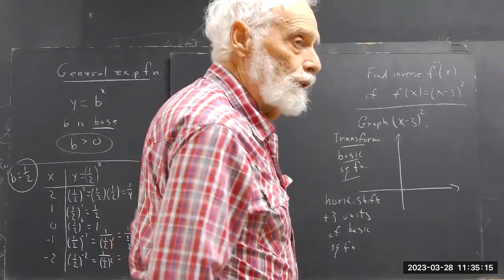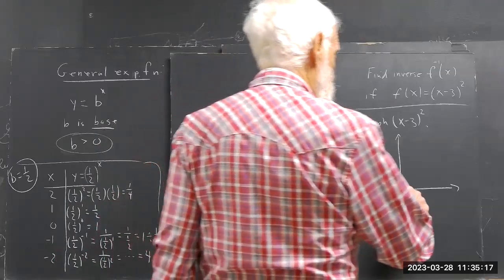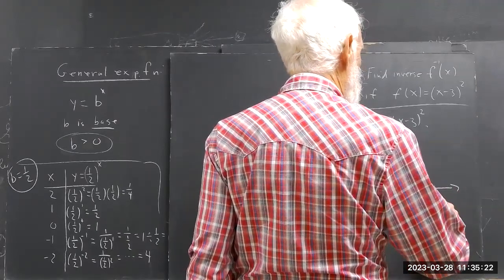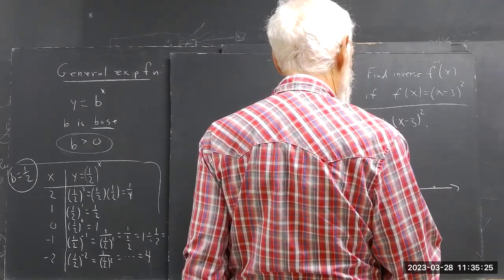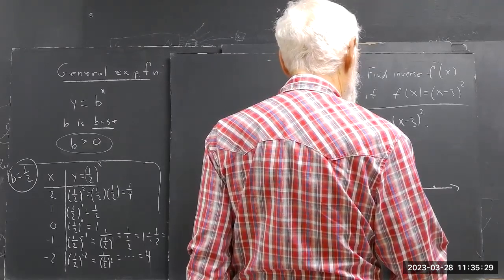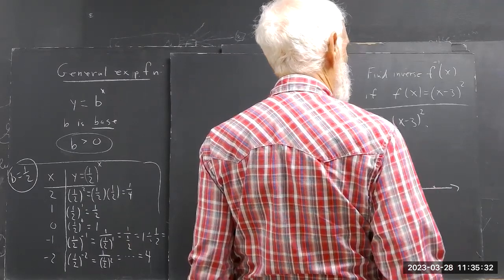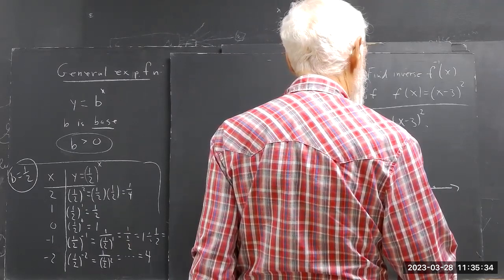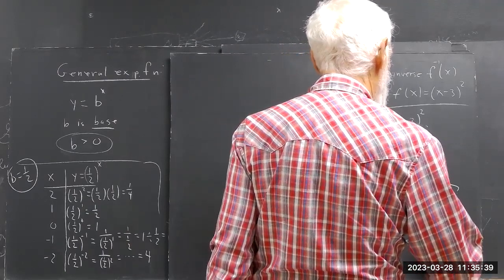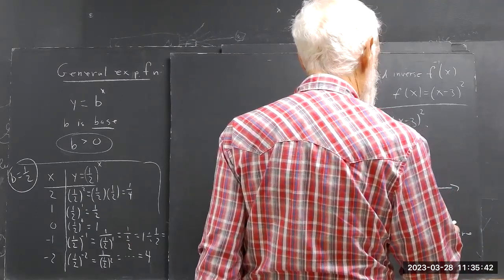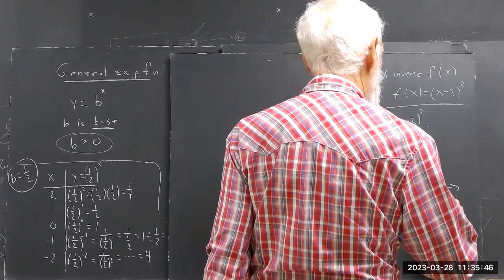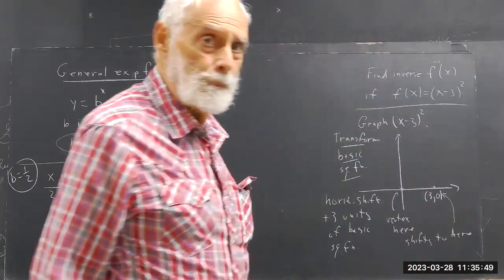That means the origin, which would be in your basic squaring function (0, 0), would shift over to the point (3, 0). The vertex, which is here, is here at the point (3, 0).